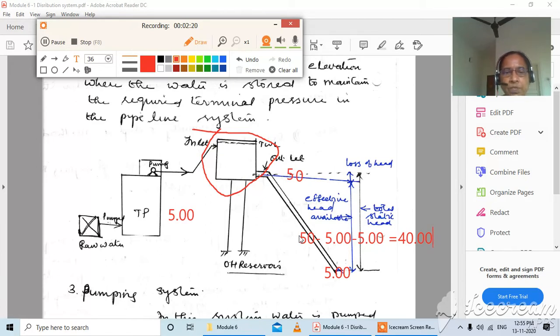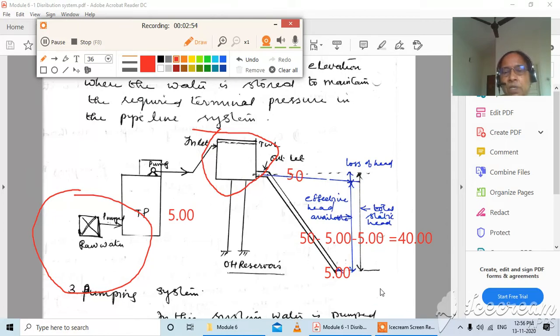So in this system, we are considering a point where the raw water is pumped from a lower point, that is plus 5, to the treatment plant. Again from the treatment plant we are pumping water to an elevated reservoir. We are fixing the floor level of the tank as 50, so that you will get a terminal pressure of 40, or 4 kg per centimeter square, at the point of distribution.